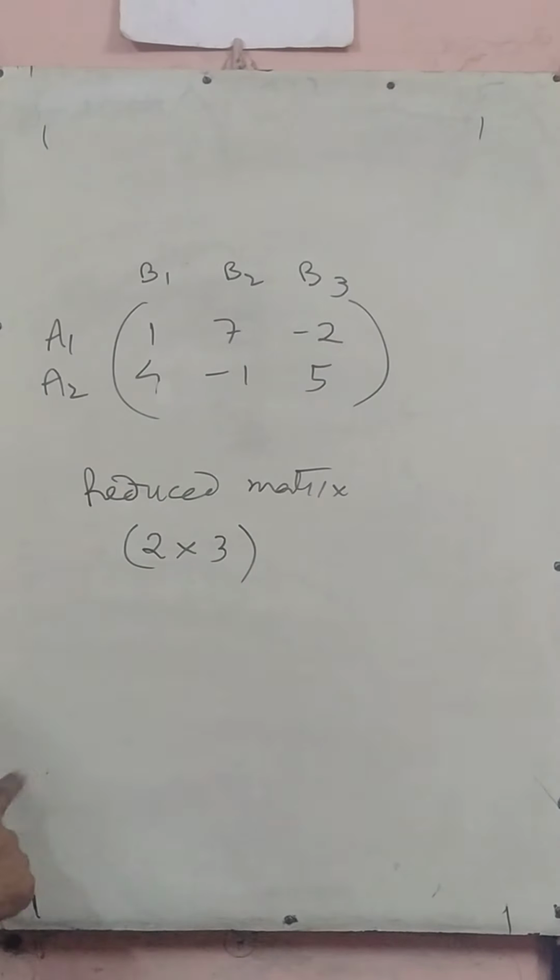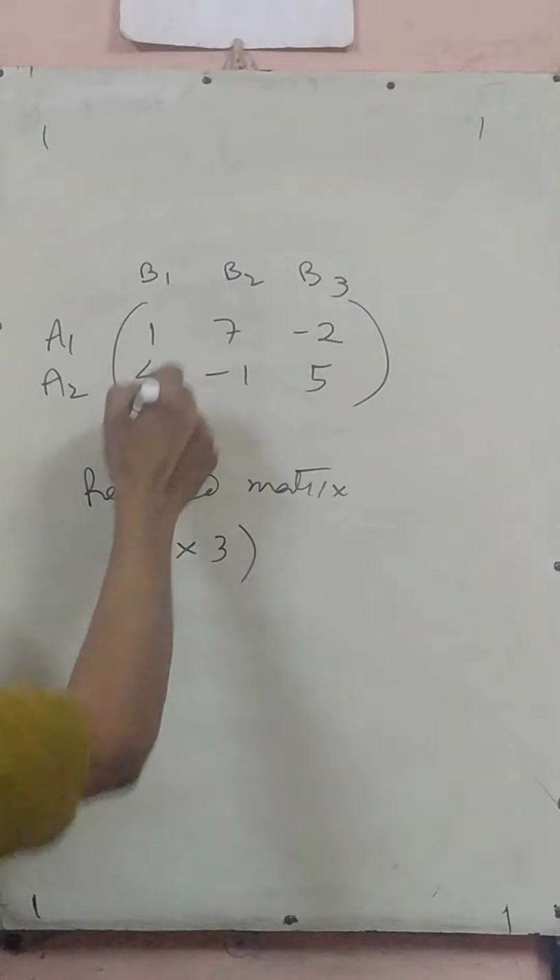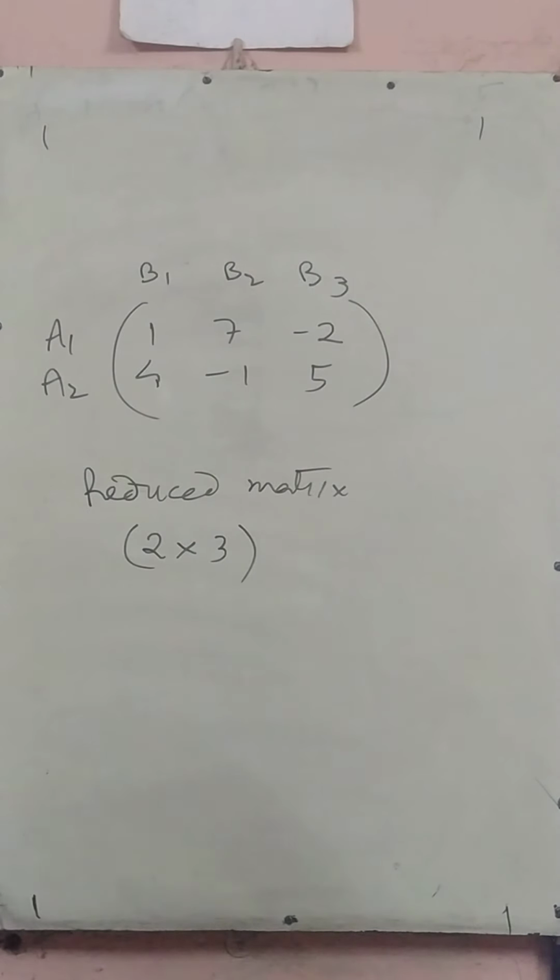Therefore, our target of applying only the dominance principle fails. Our next target will be to learn the graphical method, which I will discuss in the next video. Today I just want to show you how to change a bigger matrix to a smaller matrix applying dominance.